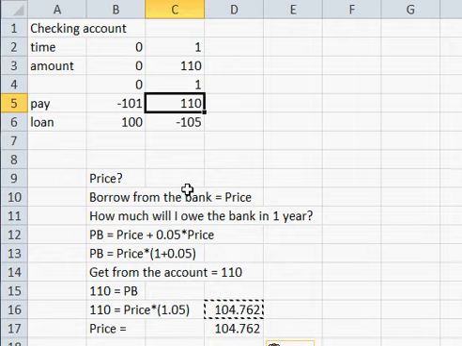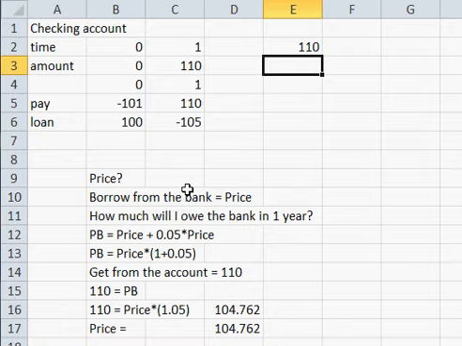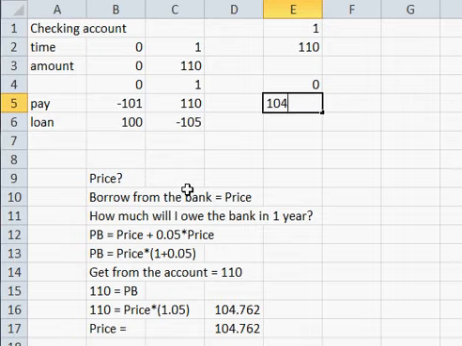And so what that does is define a value in present terms of a future cash flow. So $110 is future money. In time 1, that is worth $110. At time 0, $110 is worth $104.76.